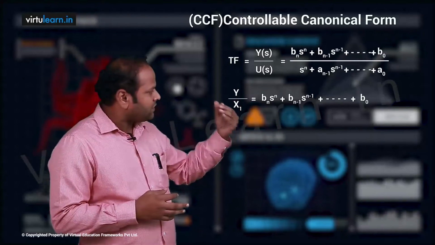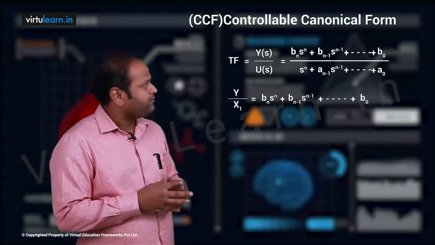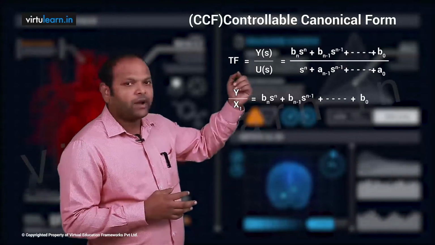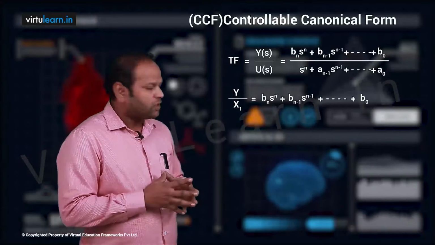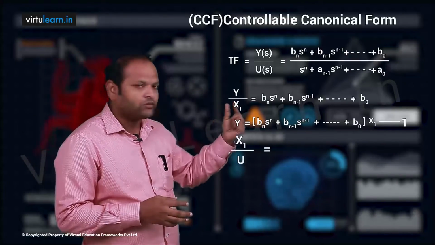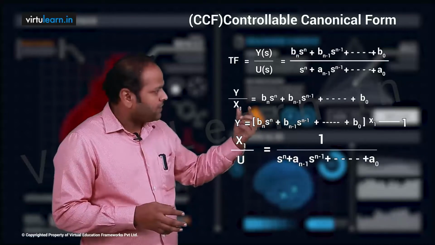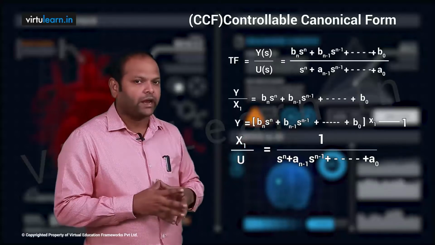So this equation gives the output, because on the left hand side we have Y, which is the output. What is the second one? The second one is X1/U. The remaining part is the denominator. So I am taking X1/U is equal to 1 over the denominator, s^n plus a_(n-1) s^(n-1) plus dot dot up to a_0.